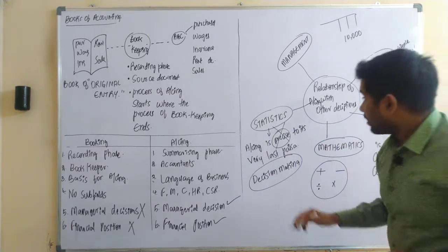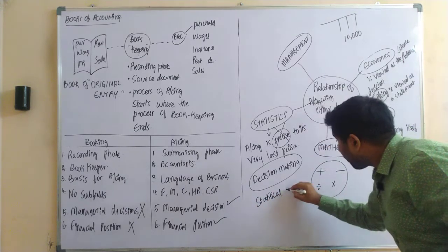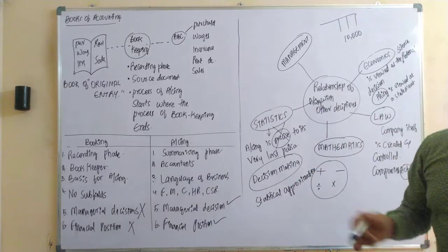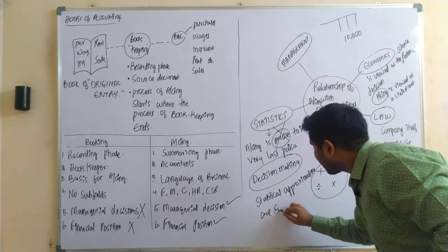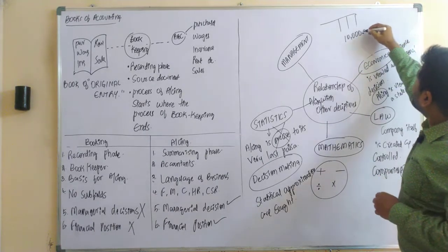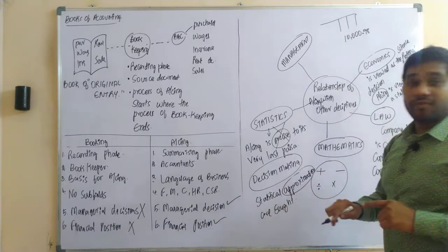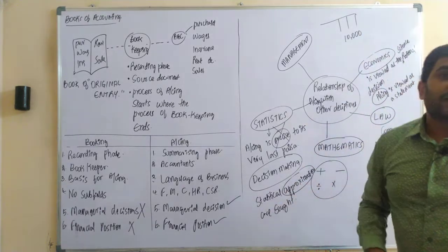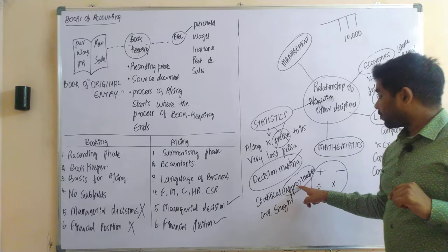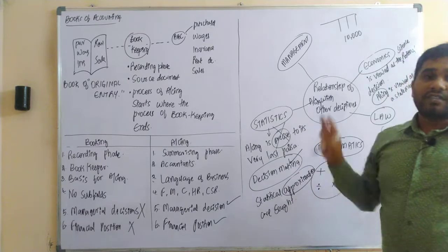Hence statistical approximations are sought. That means whenever you have something like 10,000 rupees and 98 paisa, you're going to round it off as 10,000 for the purpose of decision making. This rounding off or approximation is the relationship between your accounting and statistics.